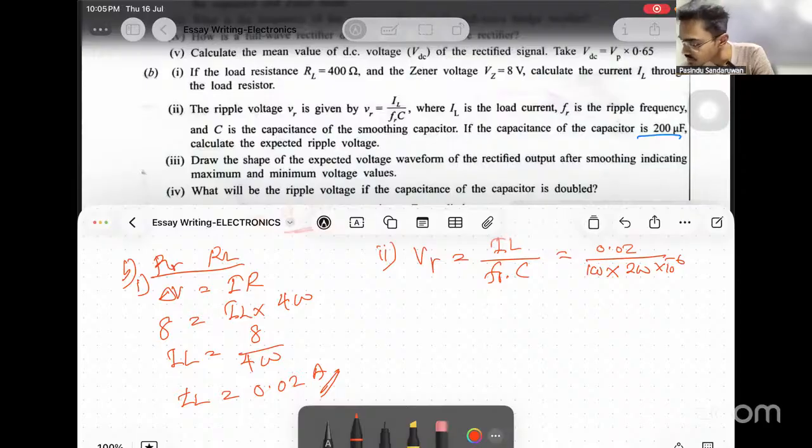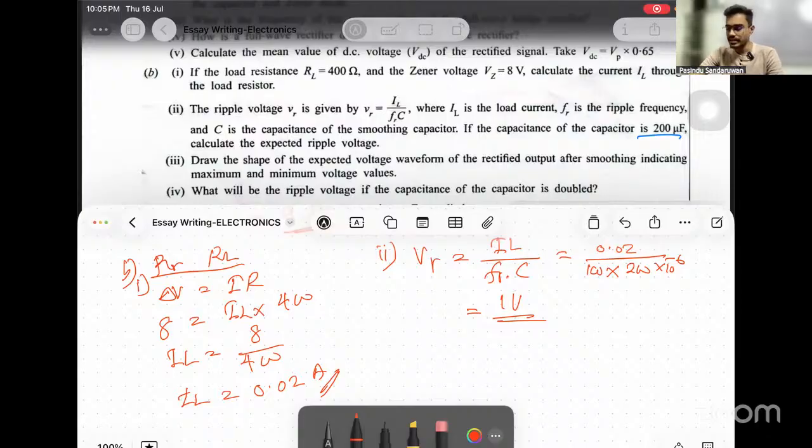Simplify. 2 cancels off, and 10 to the power minus 6, 4 minus 2, minus 2 also cancels. It is coming as 1 volt. Ripple voltage is 1 volt.